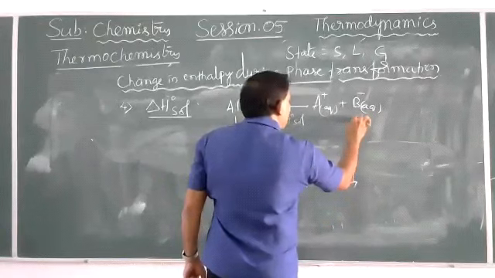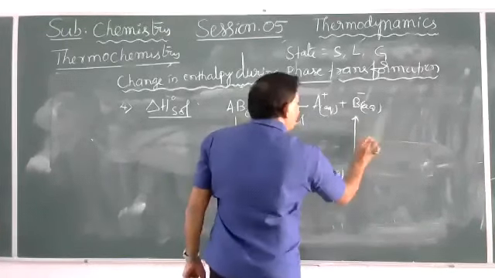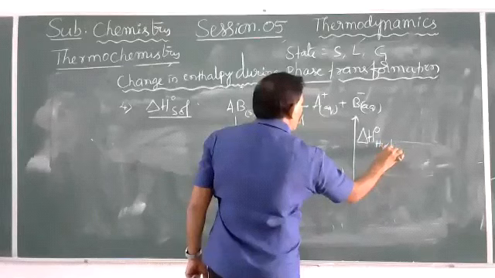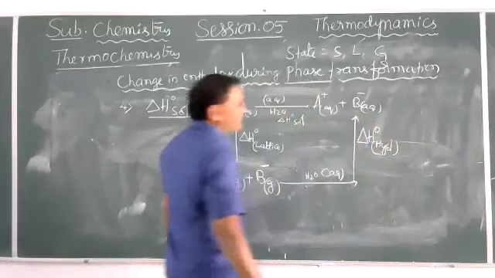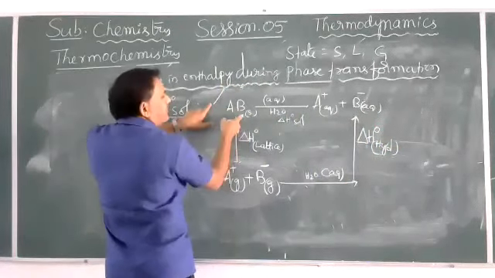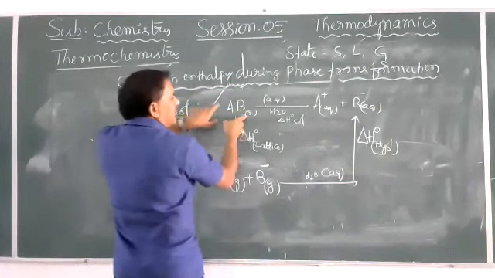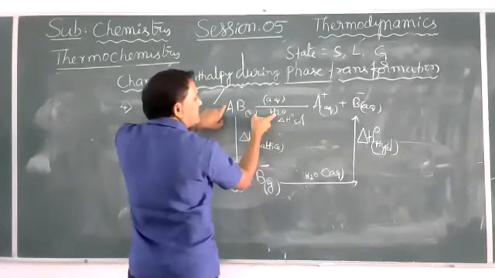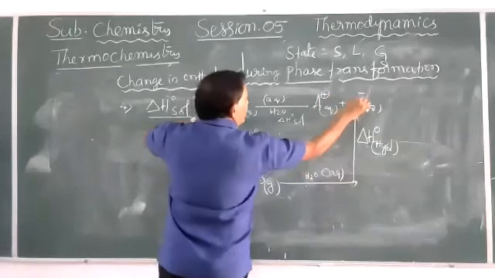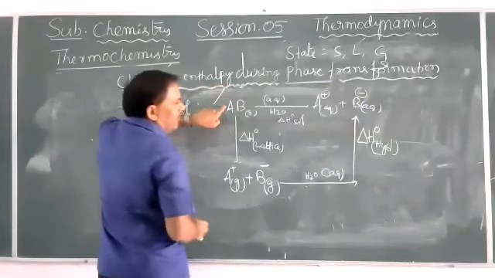Then it is the enthalpy of hydration, delta H naught HY. So the direct step, solution, means the salt is dissolved in aqueous water and converted into A plus aqueous and B minus aqueous.